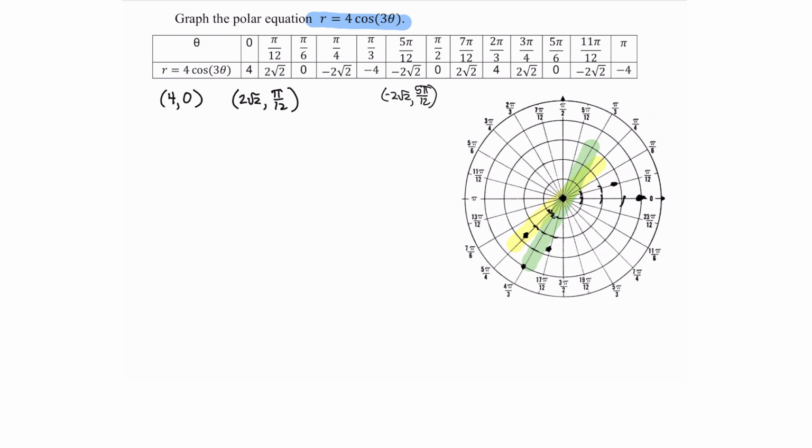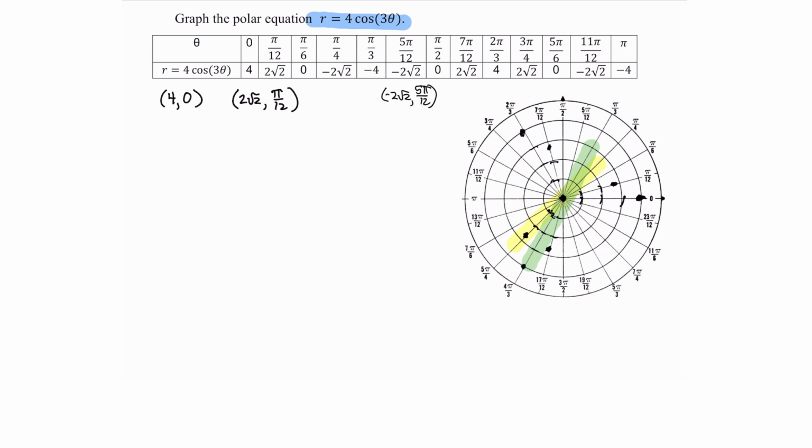Next up, when 7 pi over 12 was plugged in, 2 square roots of 2 came out. So we are going to face the 7 pi over 12, and I have an r that's positive again. So once I face the 7 pi over 12, I'm going to walk forward 1, 2, just shy of 3. When I face 2 pi over 3, I walk out 1, 2, 3, 4.